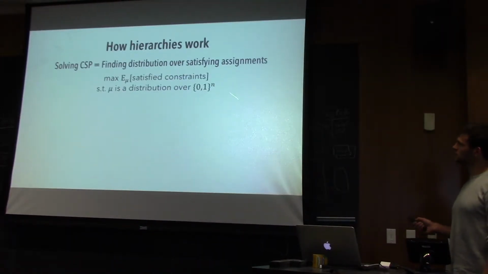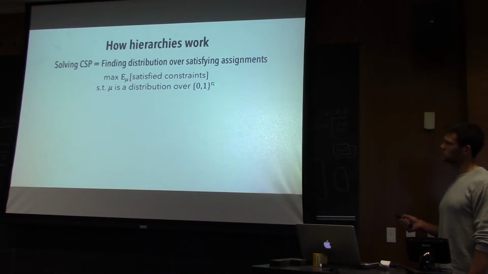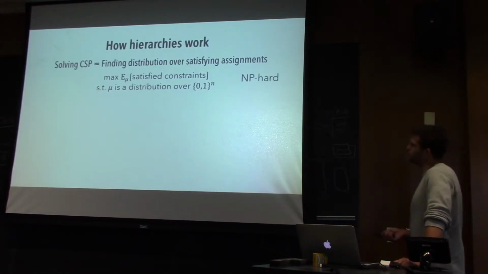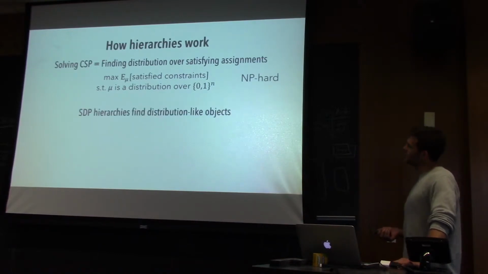You could write this as: you'd like to maximize the expected fraction of satisfied constraints such that mu is a distribution over all assignments. If you do that, you can solve the CSP, and you'd be very happy. Of course, this is NP-hard, so we want to make this tractable. And so SDP hierarchies relax this to find objects that are not distributions but are somehow distribution-like.